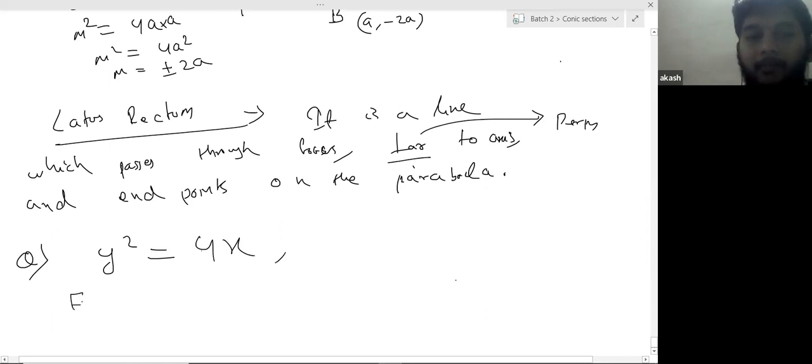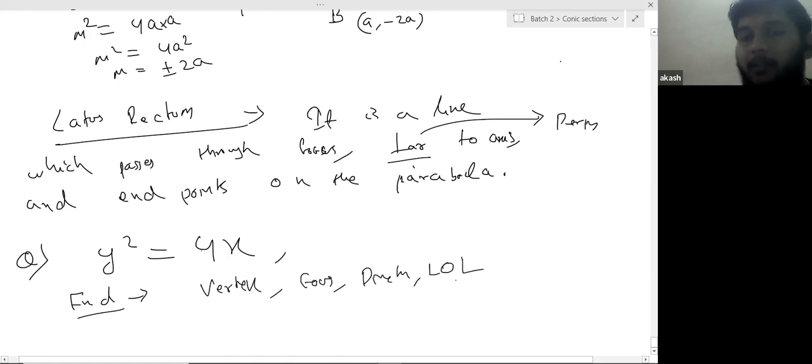Find vertex, focus, directrix, and length of latus rectum. You spell it out completely. Vertex, focus, directrix, and axis. All these things you have to find.